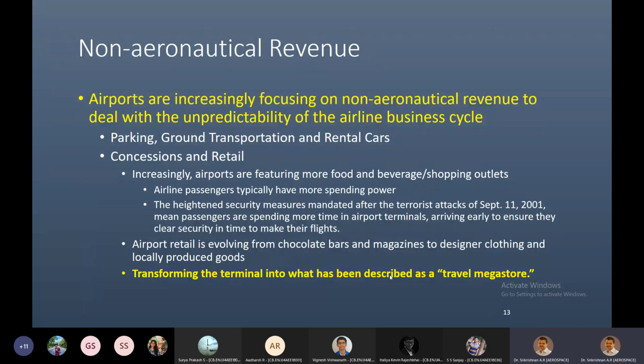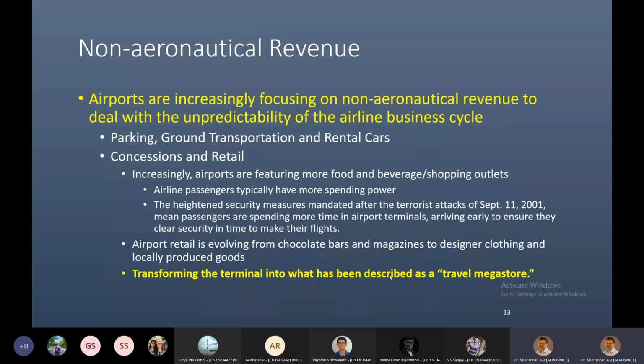Presently, airports keep focusing on non-aeronautical revenue also. In fact, if you compare the two, the non-aeronautical revenue may not be very high in comparison to aeronautical revenues.